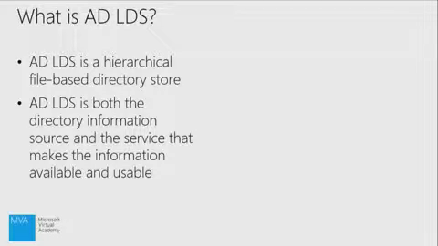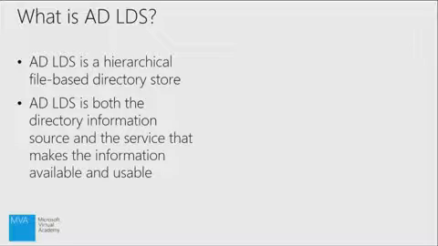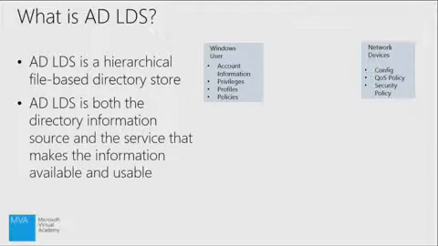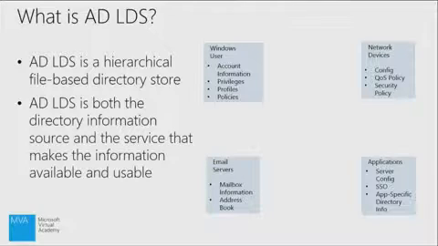Our last one, Active Directory Lightweight Directory Services, is essentially Active Directory Domain Services in an empty shell template form. It's both the directory information source and the service that makes it available and usable. This is the same definition we used earlier in ADDS. Same options, except without a couple of the key pieces that ADDS provides.